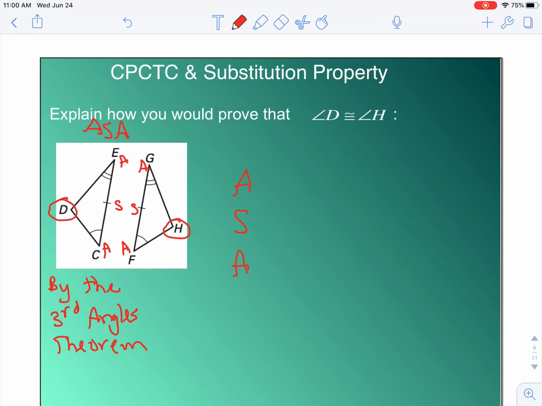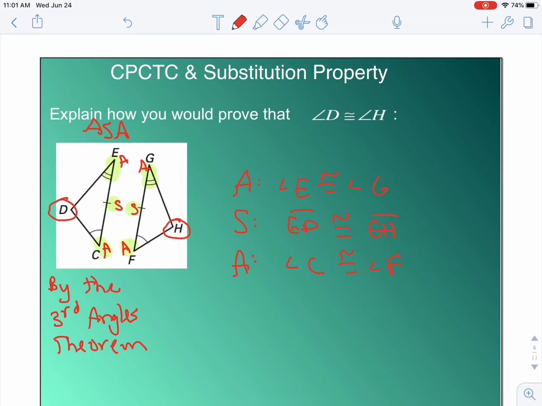Angle, side, angle, yes. So how I would explain this is I would show that angle E is congruent to angle G. And I would show that the side that's congruent, ED, is congruent to GH. And then I could also show that angle C is congruent to angle F. So what I've shown now is an angle right here, the side, and then the angle.